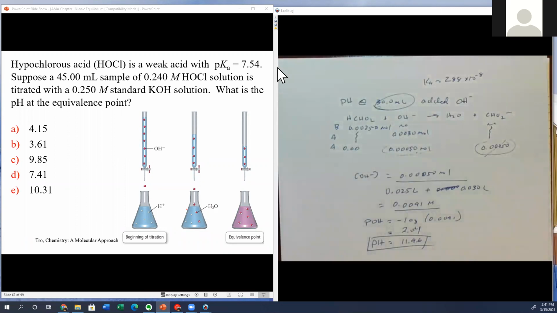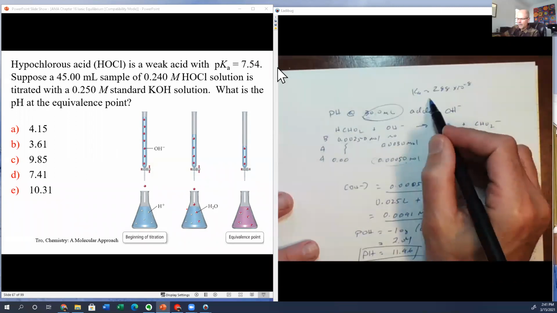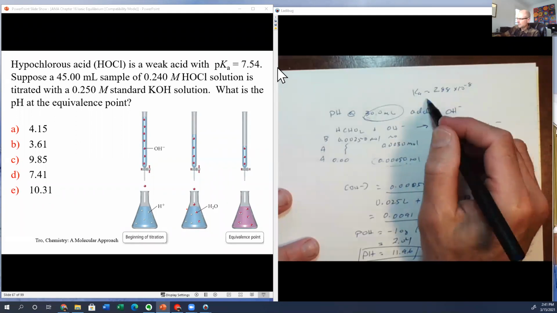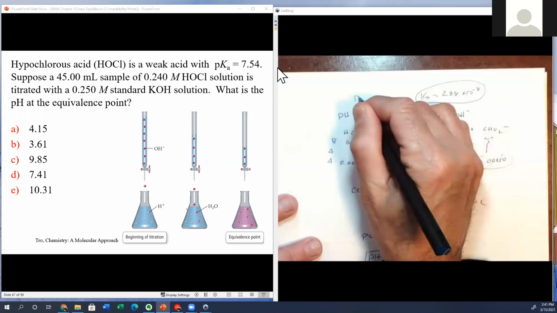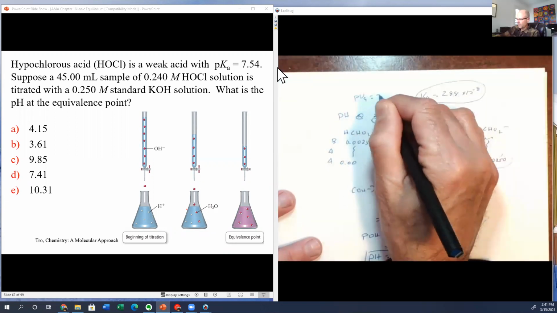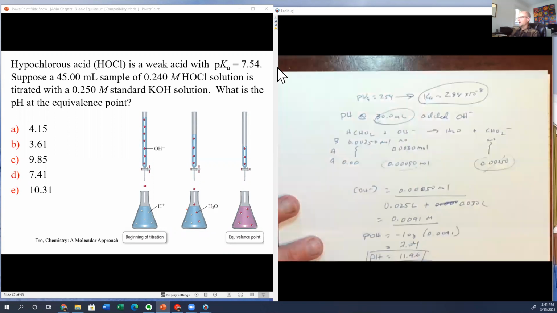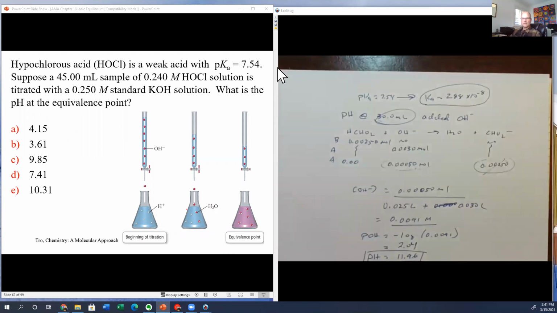Does that say 0.288? No, it's 2.88 times 10 to the minus 8. That's the value of Ka. Okay. So if you have pKa equals 7.54, that corresponds to a Ka of 2.88 times 10 to the minus 8.